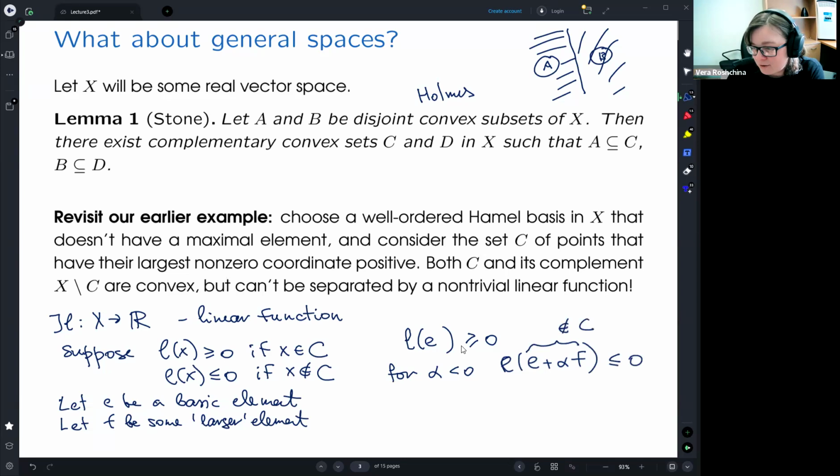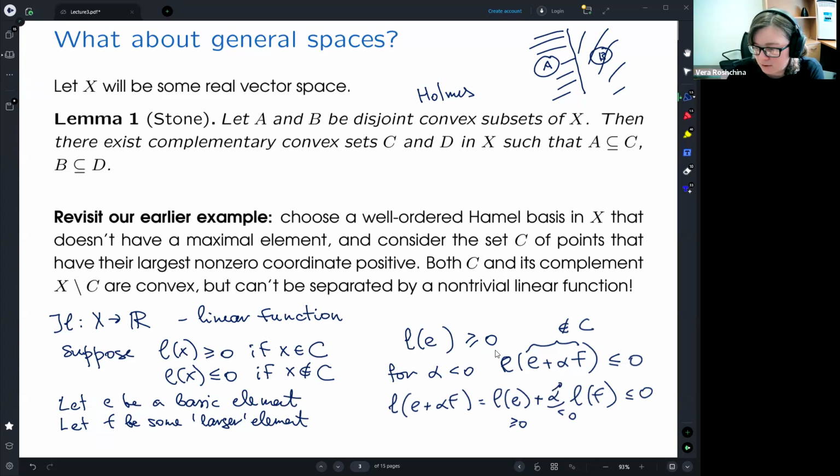But then if I look at this linear function, it is a linear function. So L of E plus alpha F is L of E plus alpha L of F. So, well, this is negative, fair enough. This is non-negative. So now this is less or equal to 0 for any alpha, right?